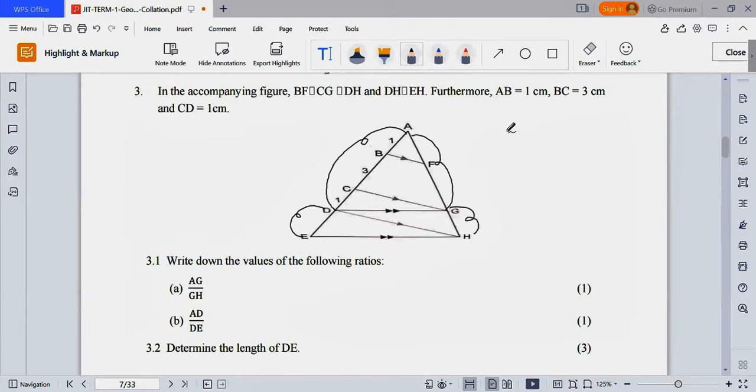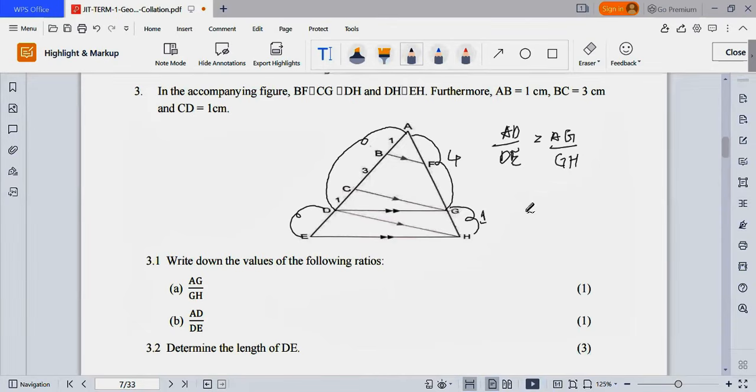So we can simply say AD over DE, AD is in proportion to AG and the DE in proportion to GH. But remember, we've already calculated AG over GH from the previous question, which gave us 4 is to 1, right?